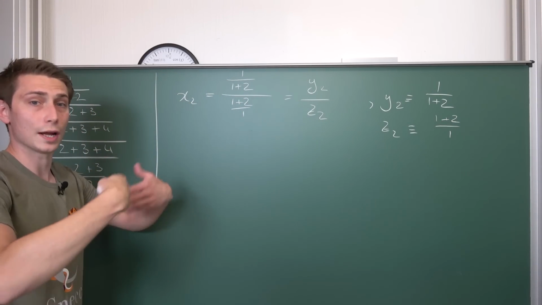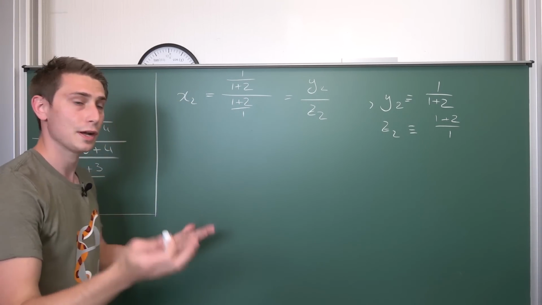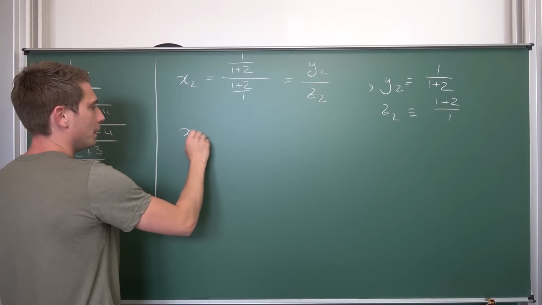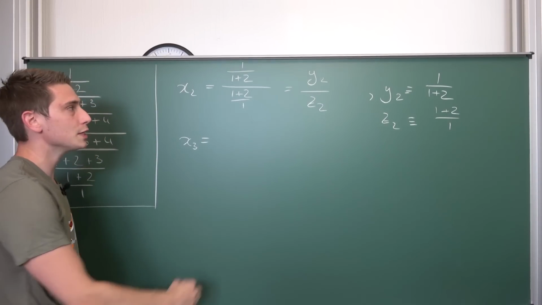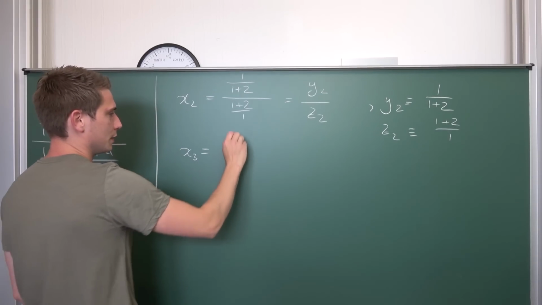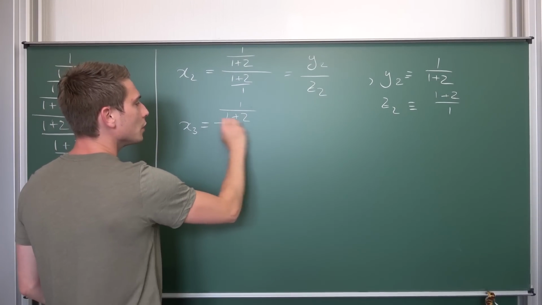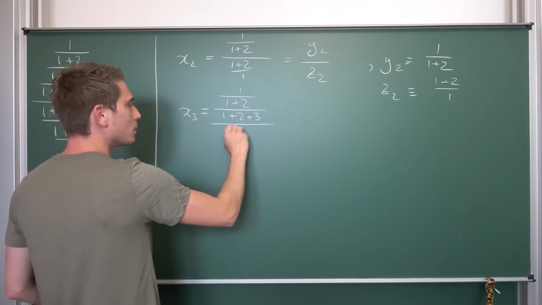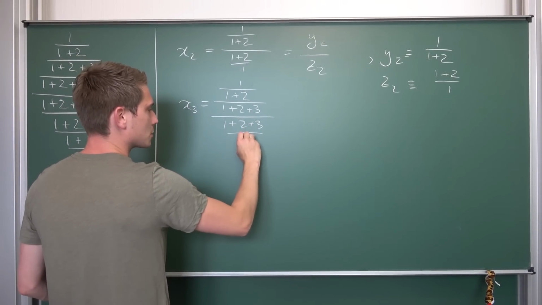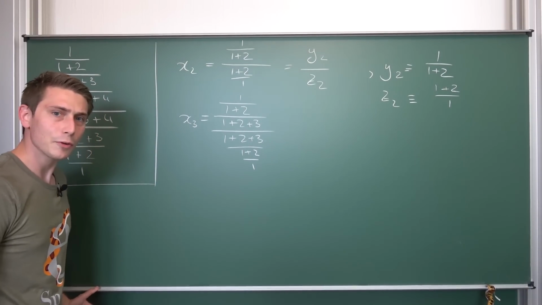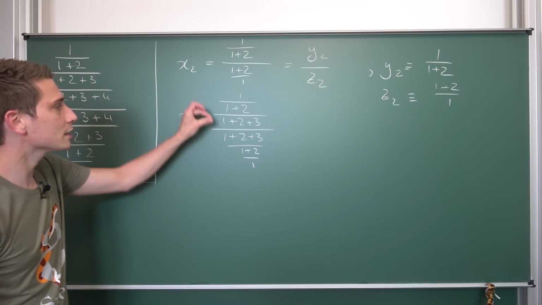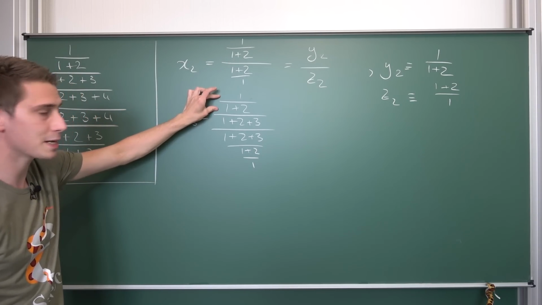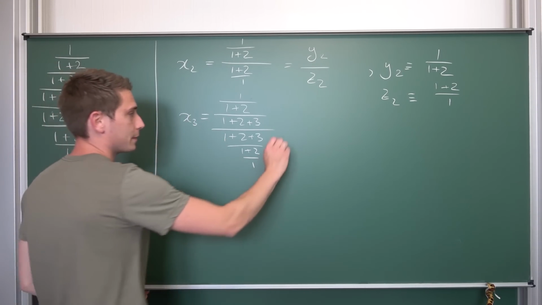And now we are going to go one step further. We are going to talk about x3. Now what is x3 exactly? x3 is one more layer added to it. So 1 over 1 plus 2 over 1 plus 2 plus 3 over main vinculum 1 plus 2 plus 3 over 1 plus 2 over 1. And now you might notice something curious, namely that y2 pops up yet again and z2 pops up yet again.